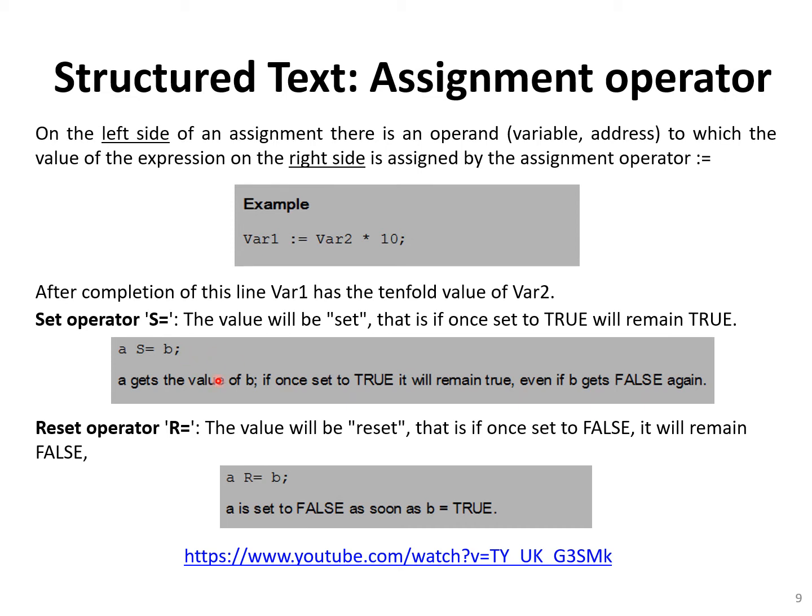So B here is basically our signal or logic. When B is true, B is our contact, we could say, and A is the coil. When B is true, A will be set to true, and it will stay true even though B goes false.